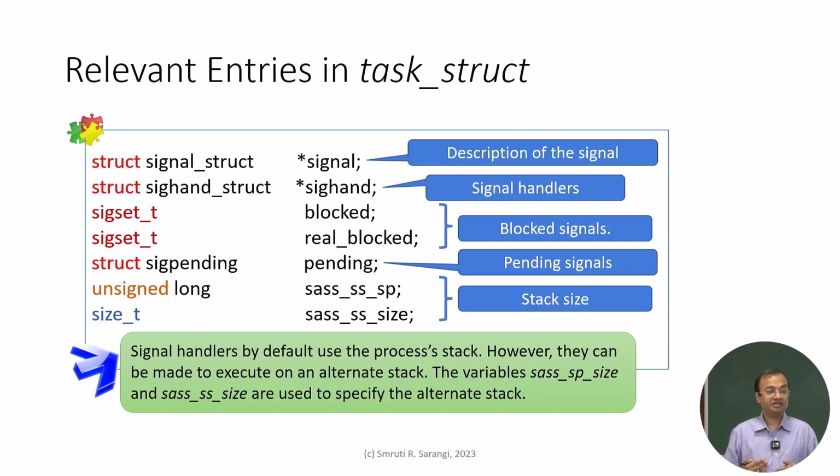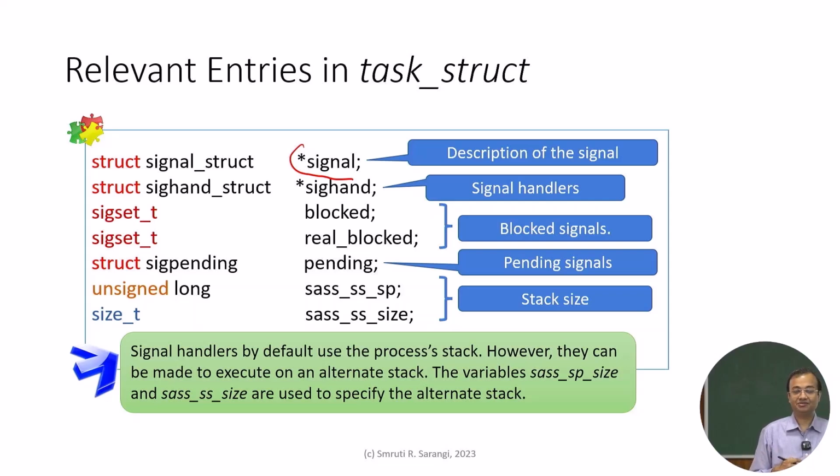So let's look at the relevant entries in the task struct insofar as signal handling is concerned, and there are many such entries. So it's not a small list, but there are many entries, and they have their relevant sets of importance. The first is a pointer to a signal struct.